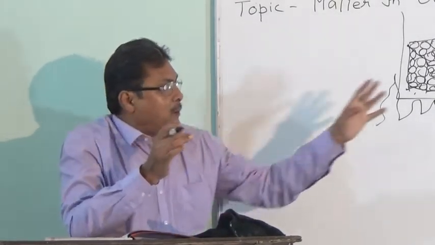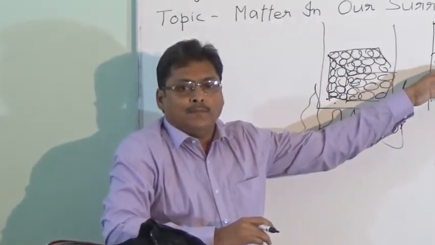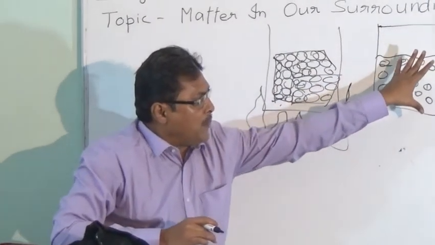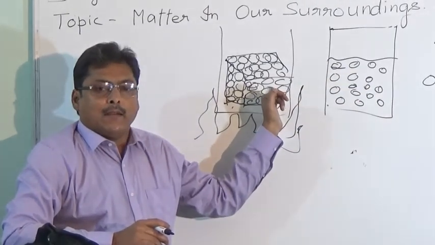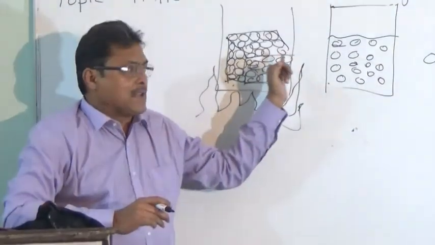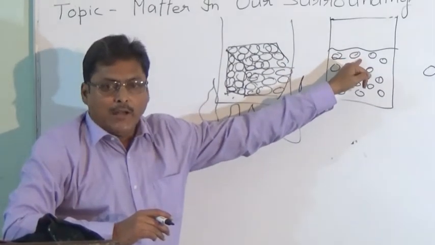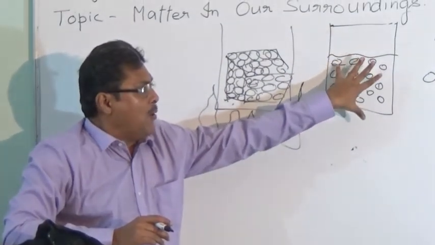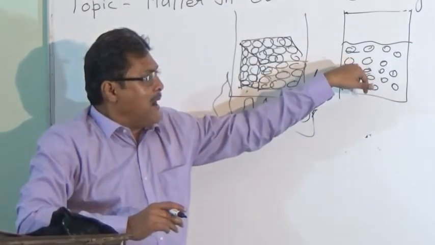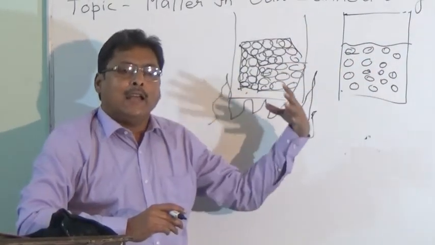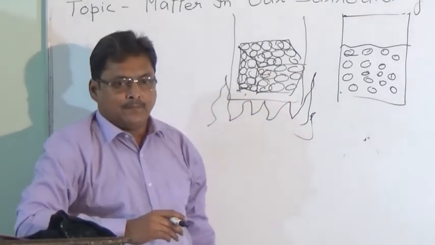Gradually the space between them will increase. They will move apart from each other. So there will one stage come when this solid substance will become fluid, liquid, because now the heat energy converted to kinetic energy has made the movement of the particles faster.